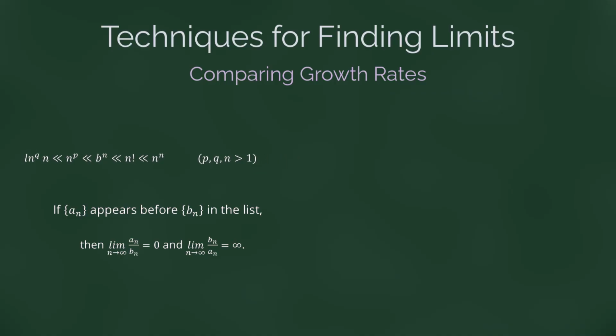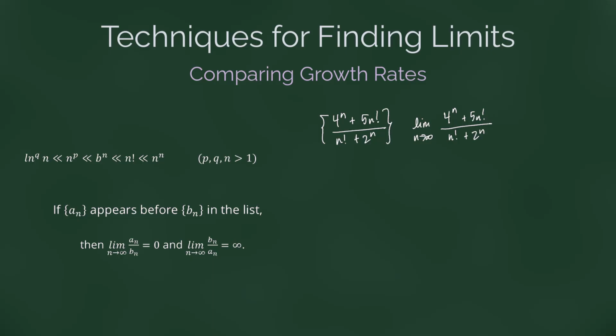To see this in action, let's consider the sequence 4 to the n plus 5n factorial all over n factorial plus 2 to the n. And we want to investigate what is the limit as n goes to infinity of this sequence. We can use a technique we've used before with rational expressions.